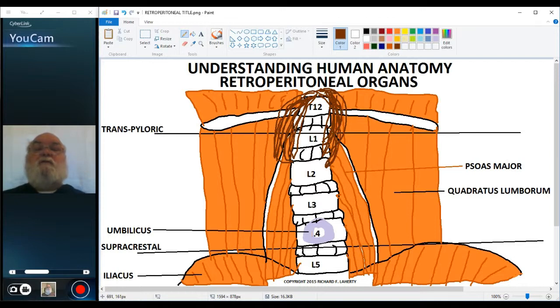So it overlaps psoas major at its most superior attachment.